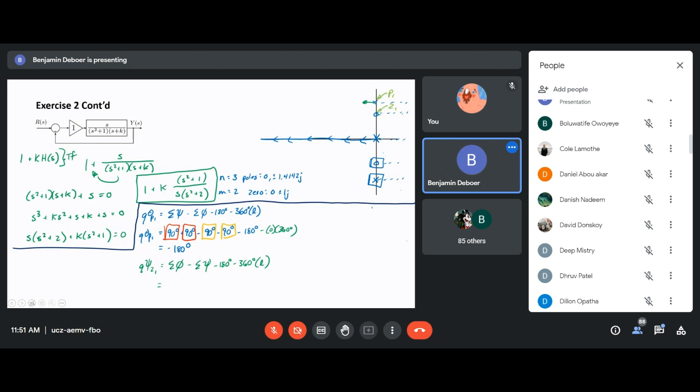And so we're going to do a top-down approach here. As I talk through it, with this pole here, we're going to have a negative 270 degrees. And then we're going to add 90 from this pole here. And we're going to add another 90 from this pole here. And then we're going to subtract 90 from this pole here. And then that'll get us 360 degrees times L.